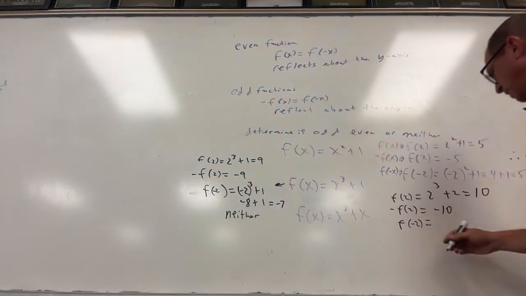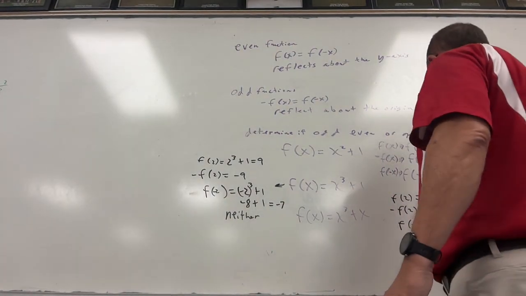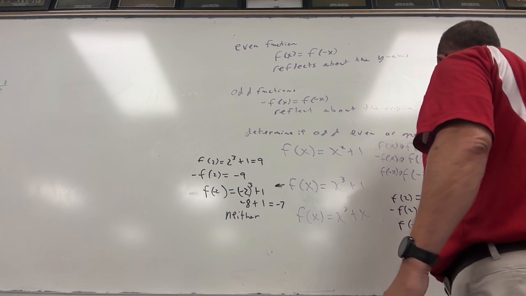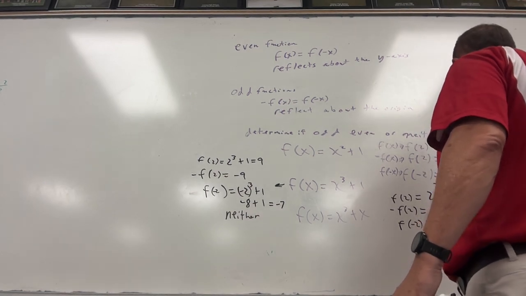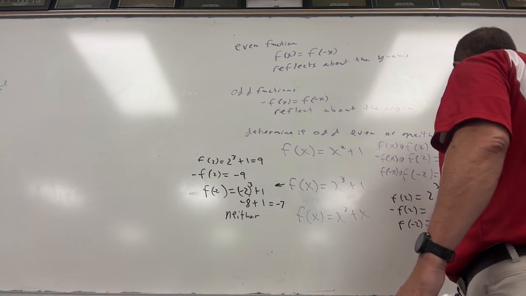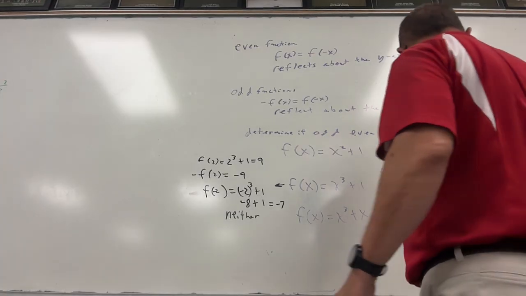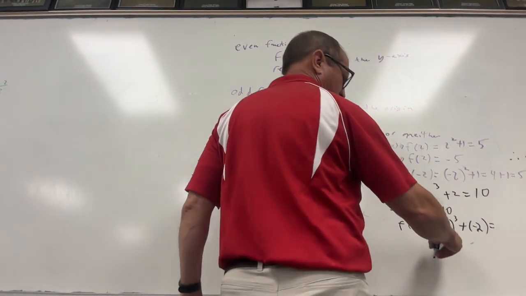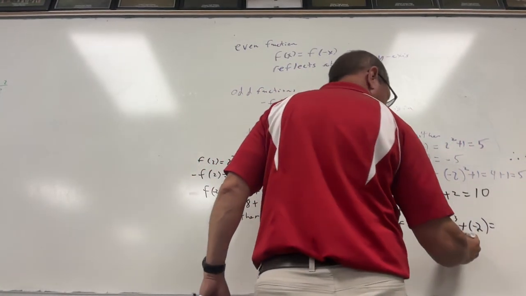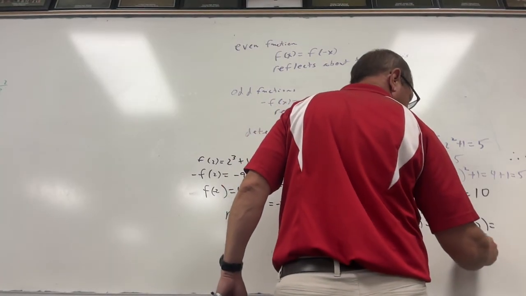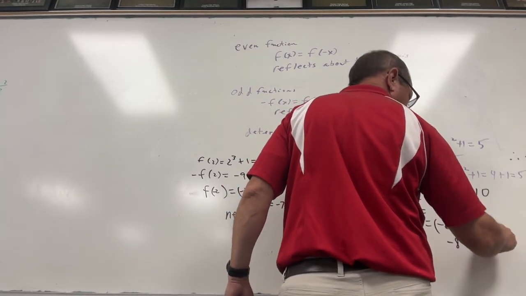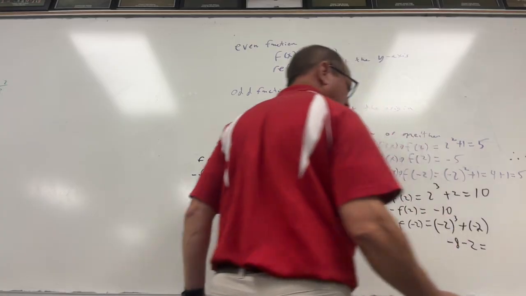And f of negative 2 is going to be negative 2 cubed plus negative 2. Negative 2 cubed is negative 8. So it's negative 8 minus 2. And what is negative 8 minus 2?